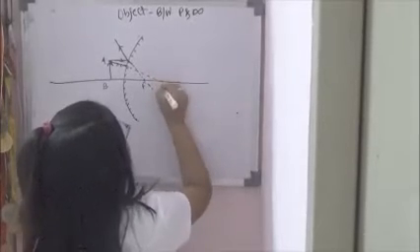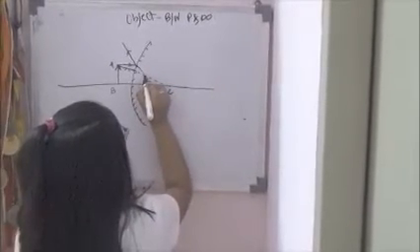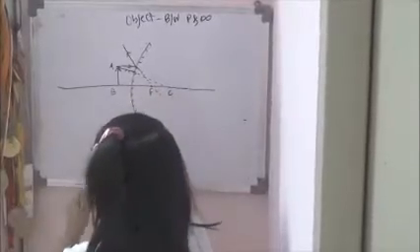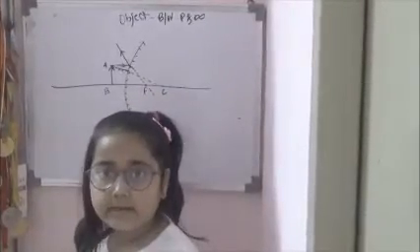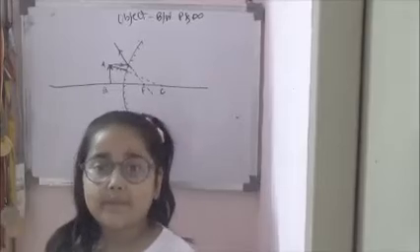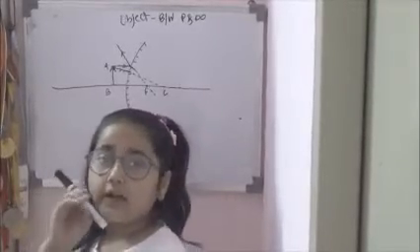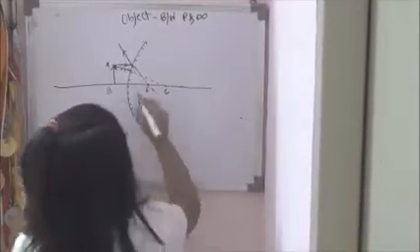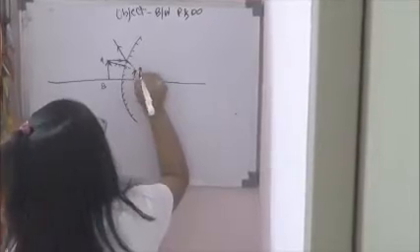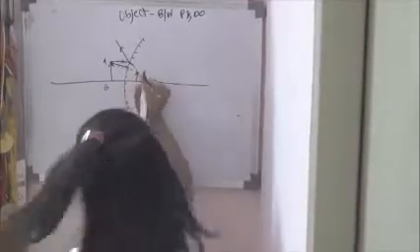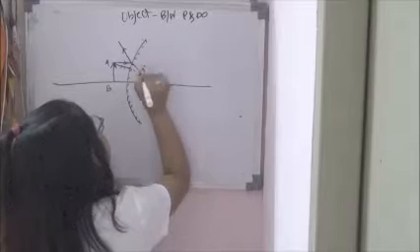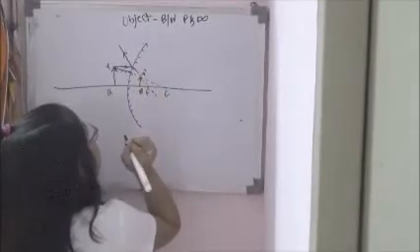Then this is the center of curvature. So we see that the extended reflected rays appear to meet at a point behind the mirror. The two rays appear to meet at this point. So here the image is formed. We label the image as A prime B prime.